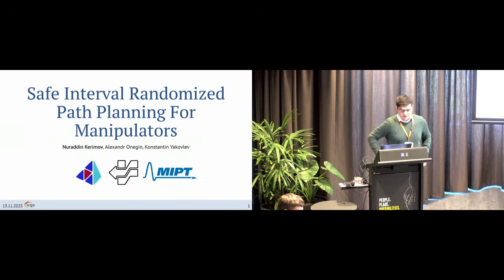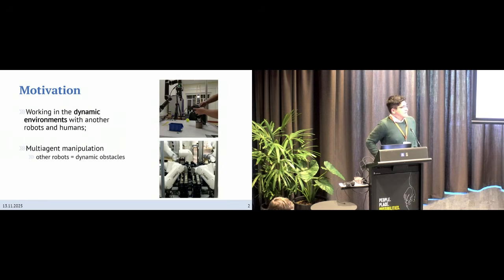Good afternoon, everyone. My name is Nuraddin Kerimov, and I am pleased to present our joint work with Aleksandr Onegin and Konstantin Yakovlev, entitled Safe Interval Randomized Path Planning for Manipulators. While working in a sterile static environment is a pretty simple task and is successfully done by robots from the 1980s, working in a dynamic environment is a bit of a challenge.